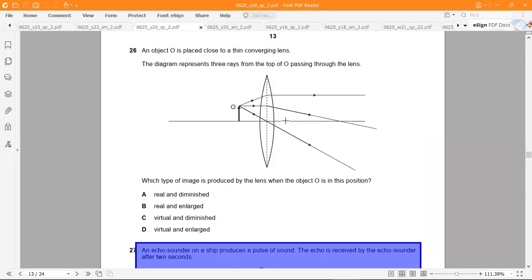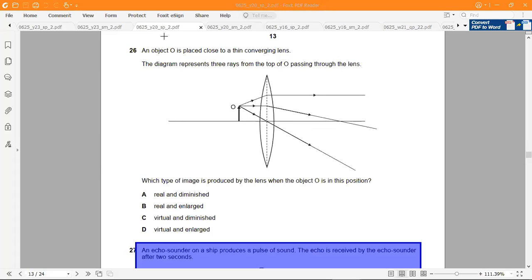We agreed together, if the rays are going away from each other, it means they will never intersect, so their extensions will intersect. It means the image will be what? Real or virtual? Virtual. The image will be virtual.